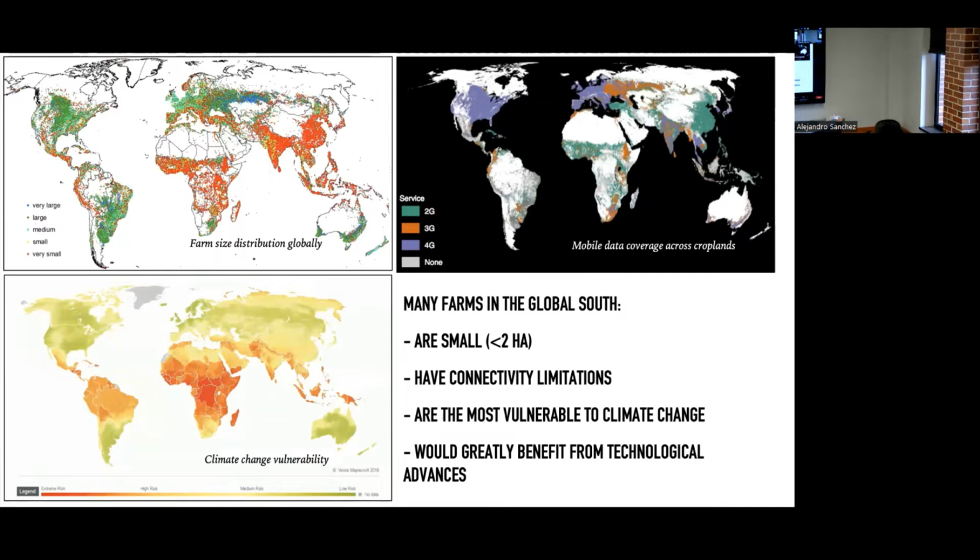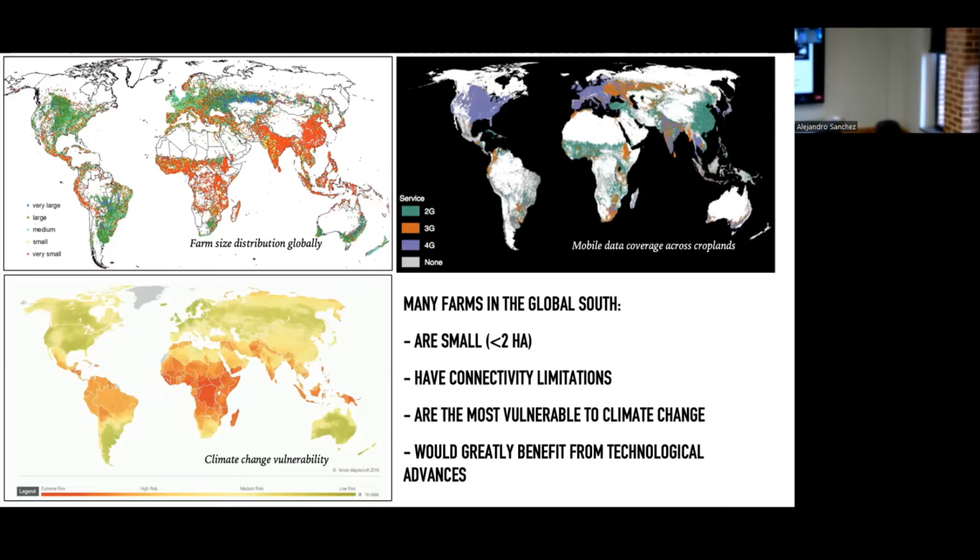So we can see a pattern over here. On this side, we have mobile data coverage across croplands. Green dots and red dots show slow coverage, slow internet, and here we can see very fast speed, like we have right now.